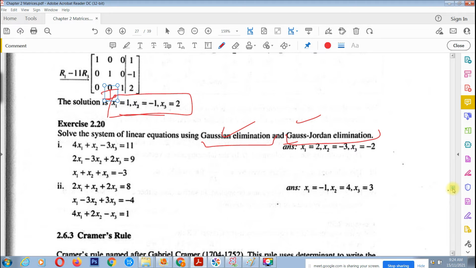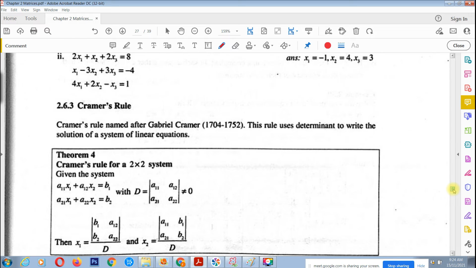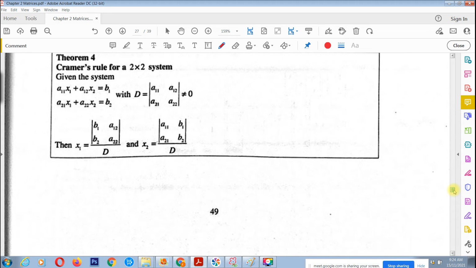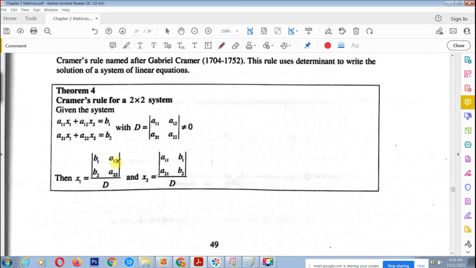Another way is Cramer's rule. In Cramer's rule, we use determinants, and there is a formula. If we consider x1, this is the x1 column, so we replace it with the solution b1, b2, and the rest we just copy.